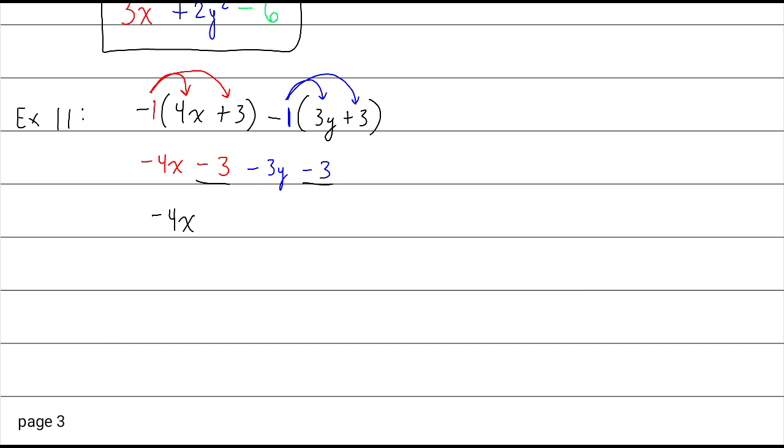Negative 3 minus 3 is negative 6. And then this minus 3y, there are no other y's, so I'm just going to bring that one down, negative 3y. So negative 4x minus 6 minus 3y.